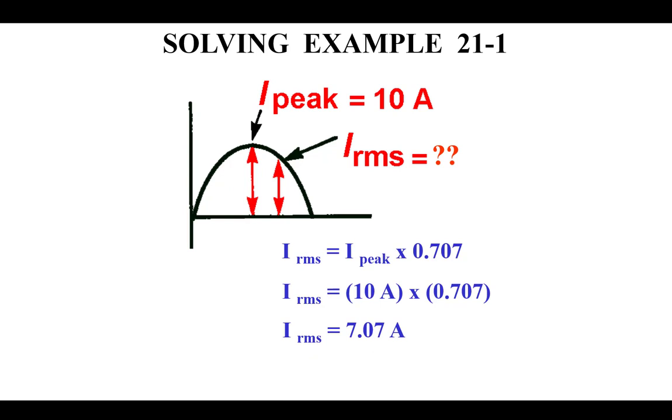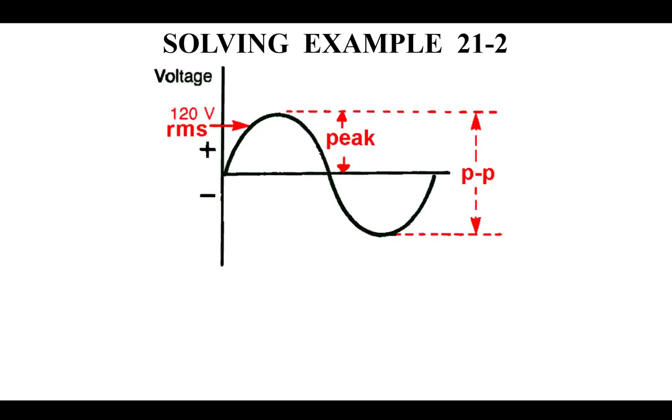7.07 amps. Working back the other way, if I know what the RMS value is, how do I find the peaks? By the way, this is your house current. Your house current is 120 volts RMS, give or take. I've seen it run from 115 to 125, and it changes at different times of the day. But we'll just say 120 volts RMS. What about the peak?